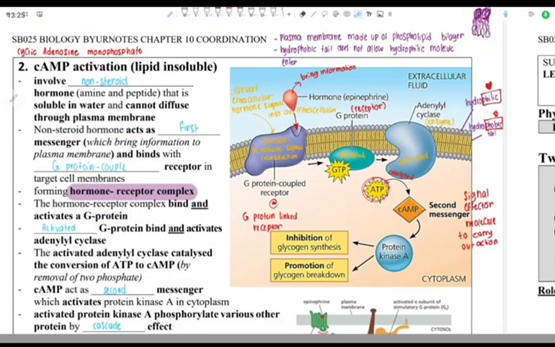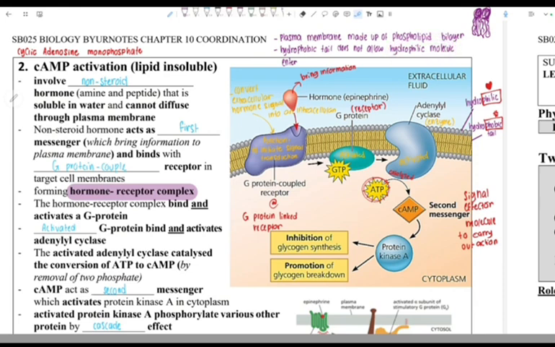Okay guys, next kita akan dengar explanation pasal cAMP activation. cAMP activation stands for cyclic adenosine monophosphate, di mana dia khas kepada lipid insoluble. Bila kita cakap pasal lipid insoluble ni, mestilah kita tahu bahawa dia adalah hydrophilic molecule.